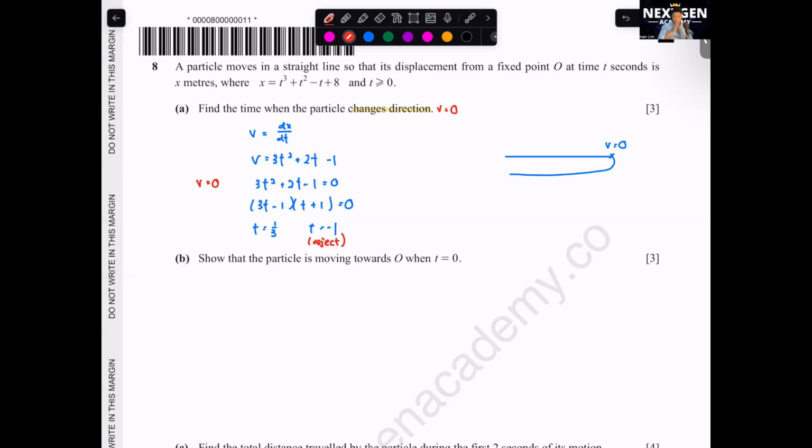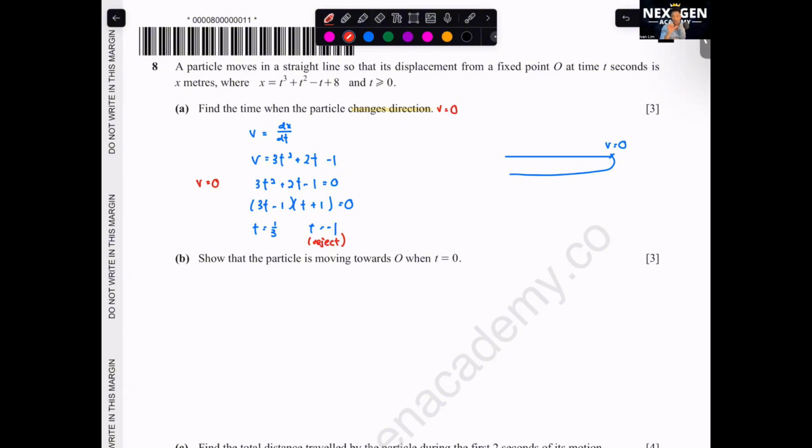If your acceleration is negative, 0 or positive. Do you remember that? Go and refer back to the notes, because you all have to understand what S, V, and A, which is your displacement, velocity, and acceleration, being negative, 0, and positive mean. If they say moving towards, it means we need to see the direction, going right or going left.